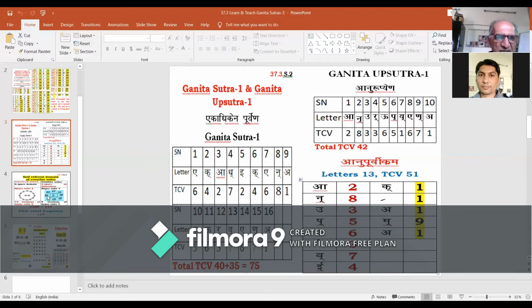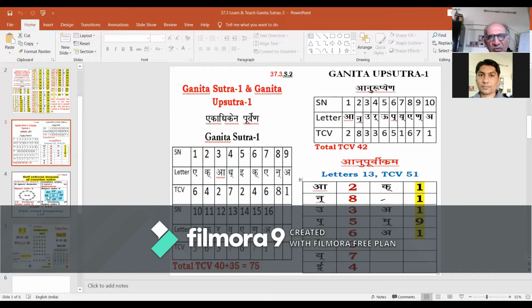The first letter is the sixth vowel and it has its TC value. The second letter Ka, Brahma, has TC value 4. And like that, we reach up till the last letter. The first formulation Ekadike gives us a TC value of 40, and the second formulation Purve gives us a value of 35.